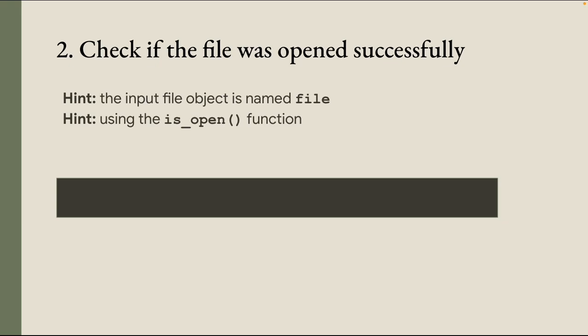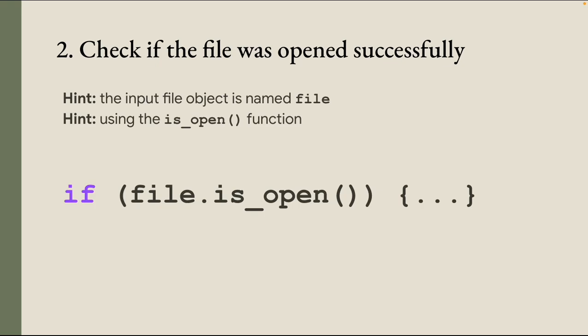If statement, okay. If is_open inside the parentheses file, then return true. No, it's gonna have to do with if it's equal to true or false, right? You can do that. If it's gonna read just like English. If the file is open.